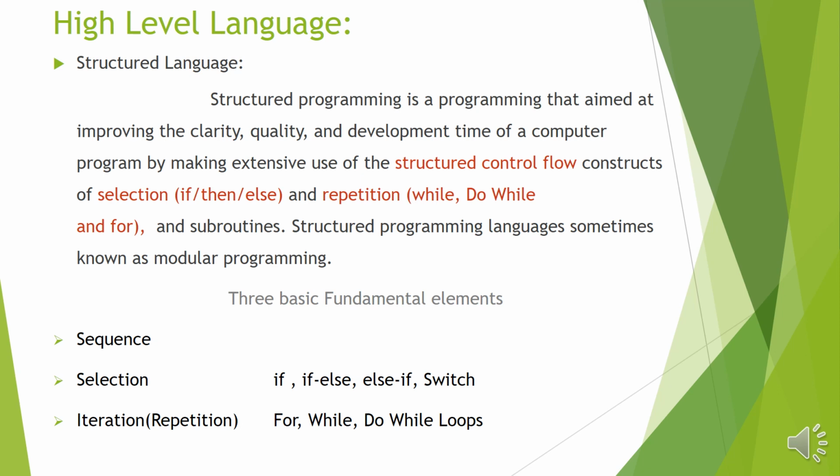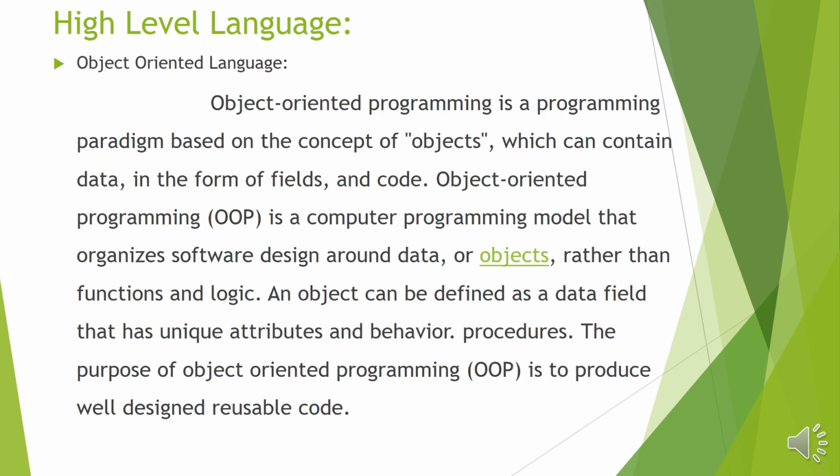As we know from the previous slide, selection means different types of conditions: if, else if, and switch. These are the types of conditions we discussed in chapter 4. Repetition means loops: for loop, while loop, and do loop.